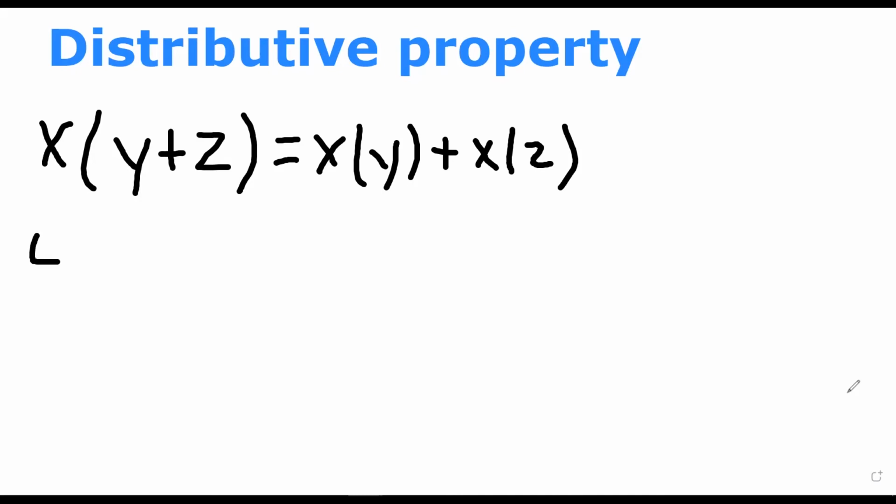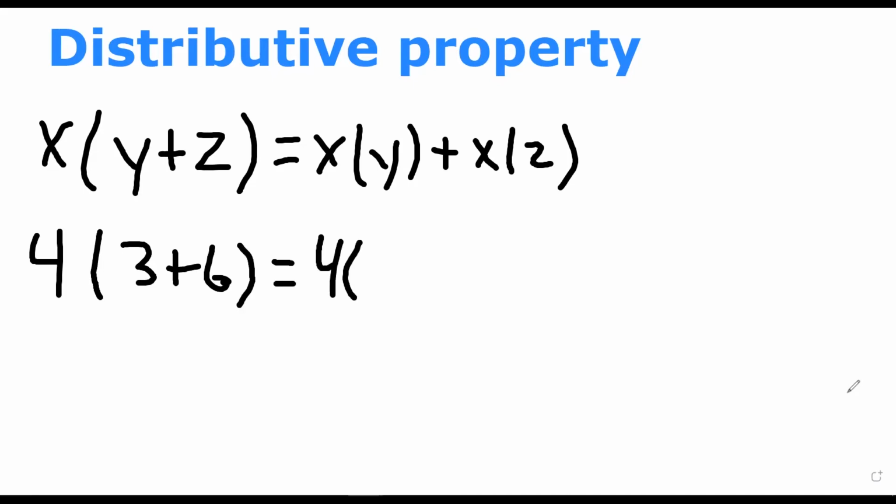If we have 4 times (3 plus 6), then the distributive property tells us that this is equal to 4 times 3 plus 4 times 6. So another way that we can look at this is that when we have a number outside of our parentheses and inside of the parentheses we have two numbers being added together, the way that we can multiply those is by distributing the 4 across the parentheses.